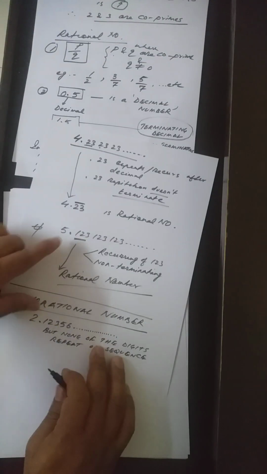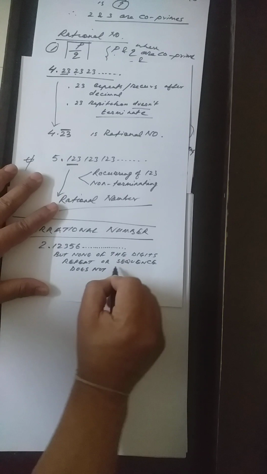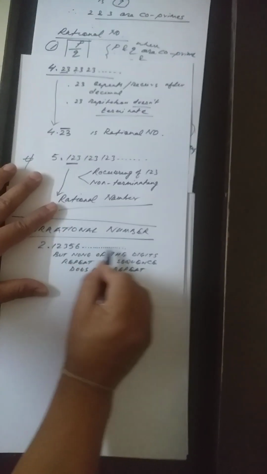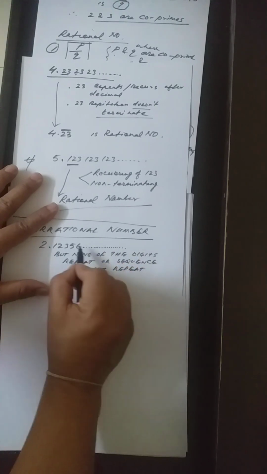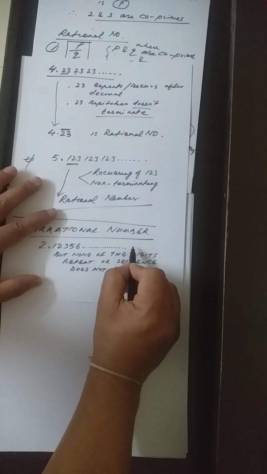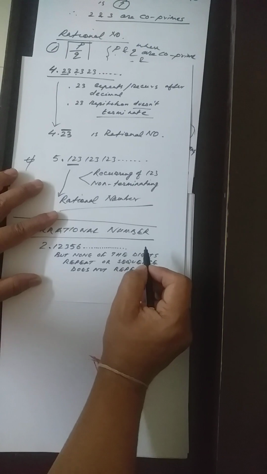Sequence means like 1 2 3 1 2 3 1 2 3. The sequence doesn't repeat. So the digits don't repeat or the sequence doesn't repeat, but at the same time this number doesn't end anywhere. It doesn't stop anywhere, or should I say it doesn't terminate anywhere.